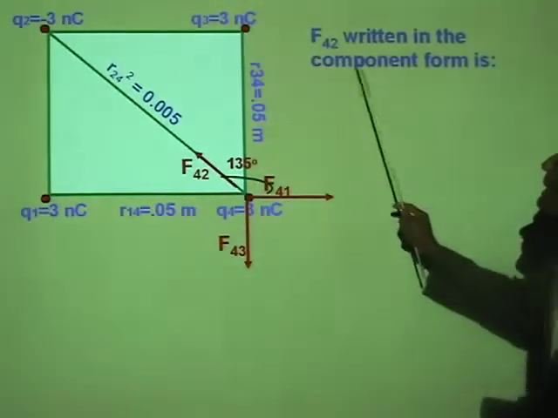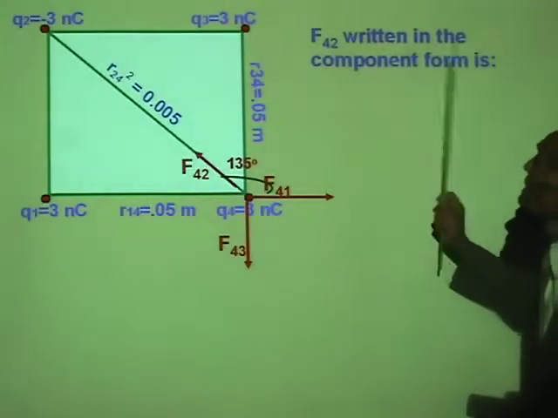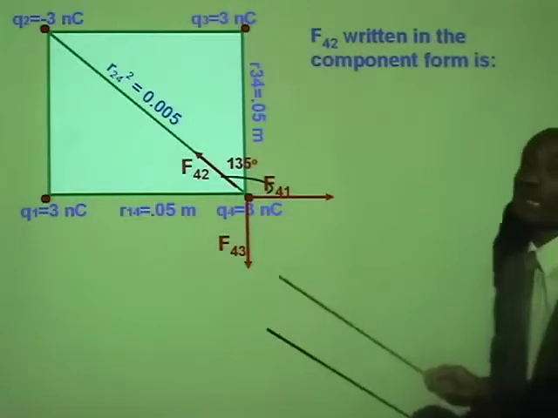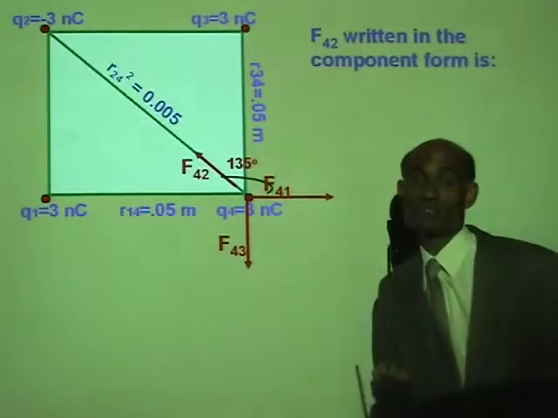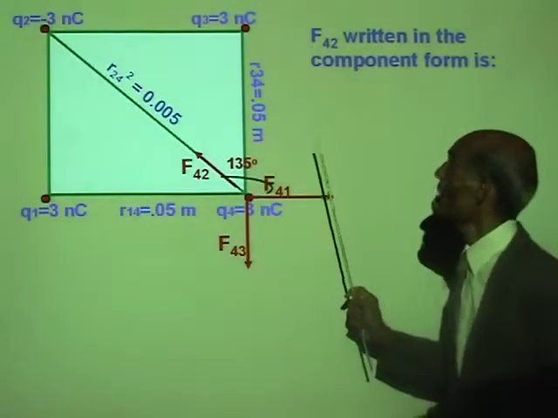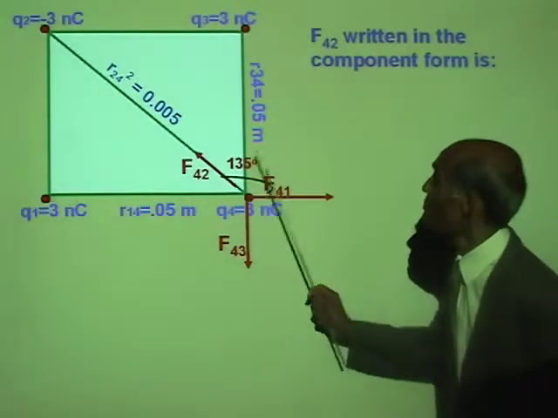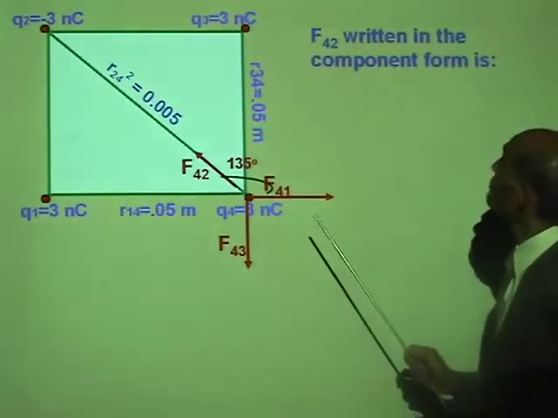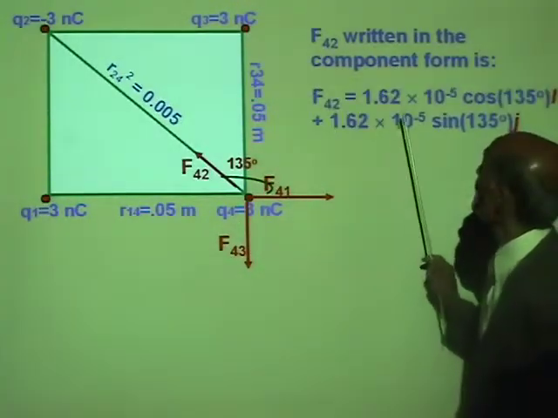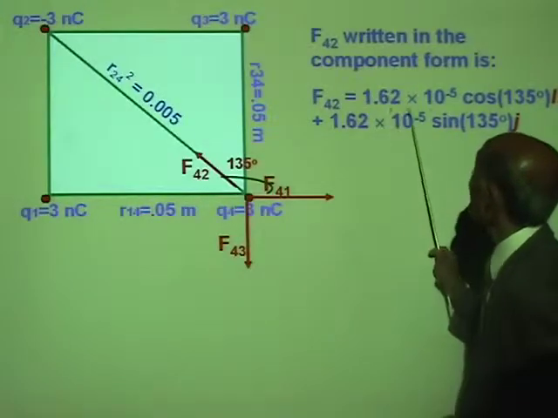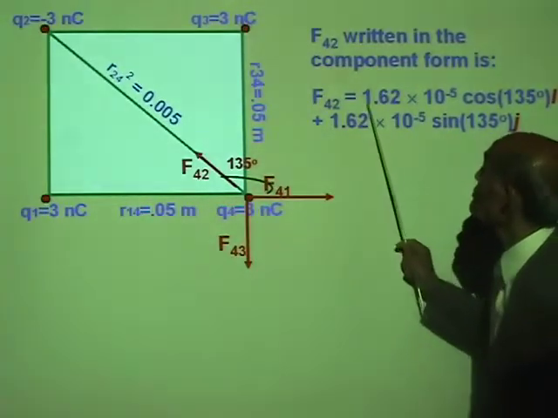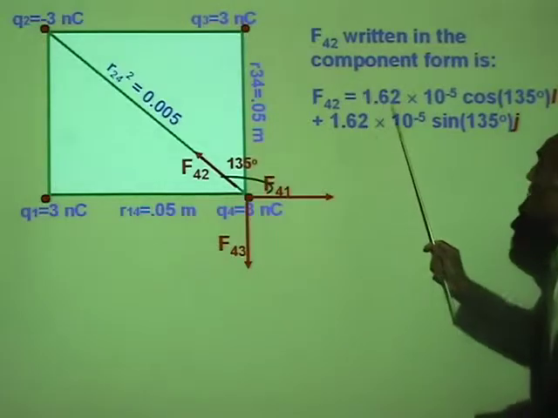Alright, I'm going to do that. F42 written in the component form will be, I'll give you a last chance. Think about it. It will be the magnitude of it. What is the magnitude of that force? I forgot. The magnitude was 1.62 times 10 to the negative 5. So that's the magnitude.